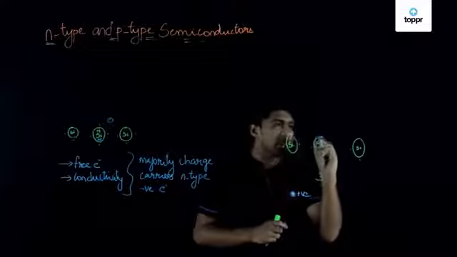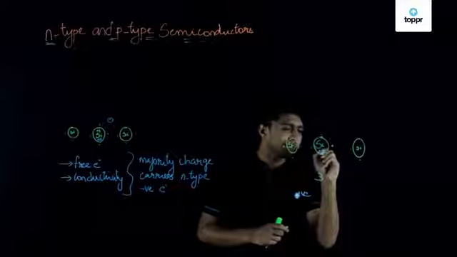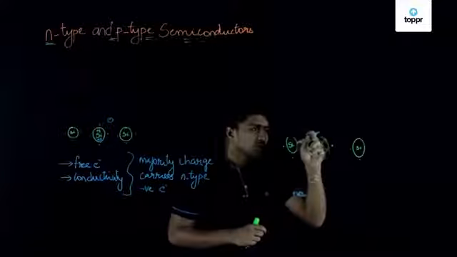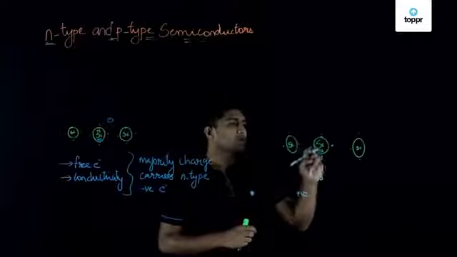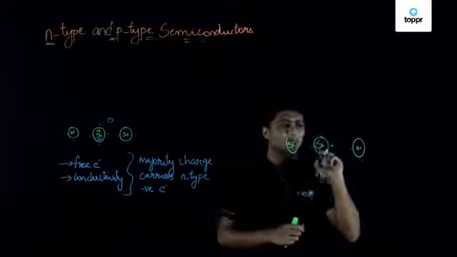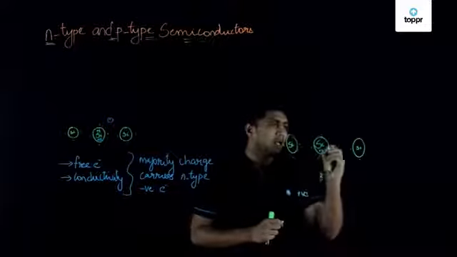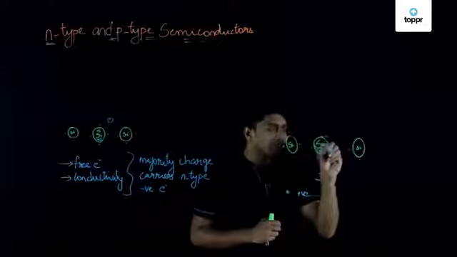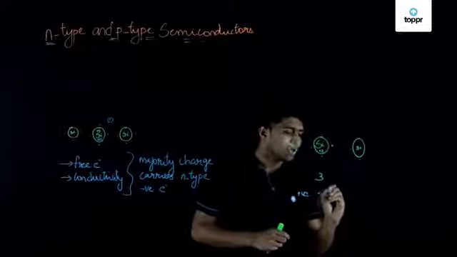Right now we have added a trivalent impurity, so in this atom's outermost shell we have only 3 electrons and the fourth place becomes empty, which means this empty place we call a hole.